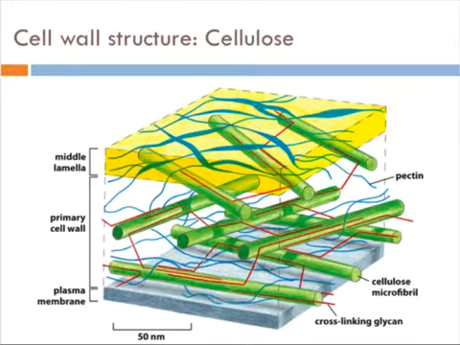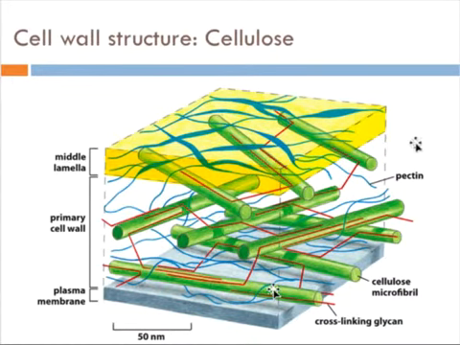So we'll use that as our major example here for the plant ECM. So we have, starting down here with the plasma membrane, the plasma membrane of the plant cell. And then you have the cell wall structure, which the primary component is going to be cellulose.